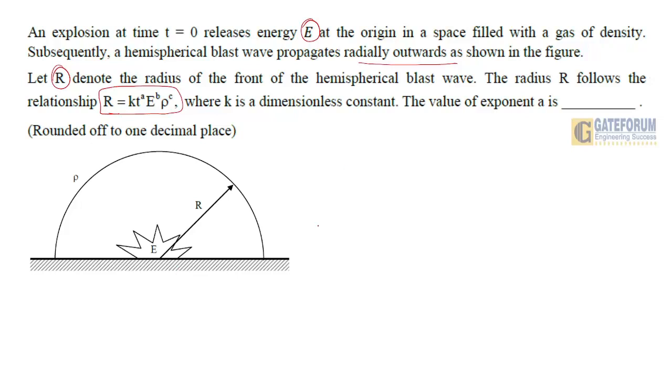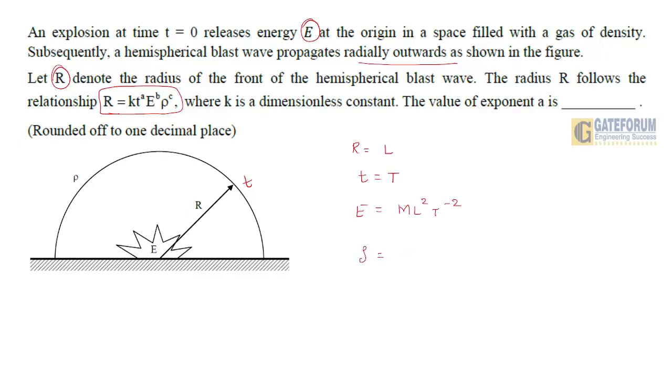So when you are taking this as a hemispherical blast, E is nothing but the release of energy, T is time, and rho is the density. When we talk about the dimensions here, R radius will be L, T is time period T, and E energy will be M L square T power minus 2.